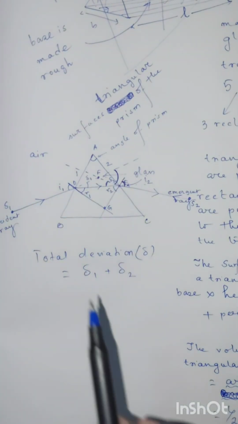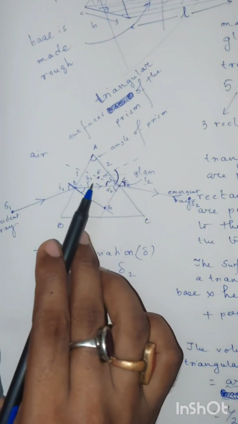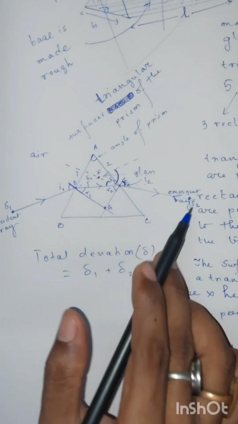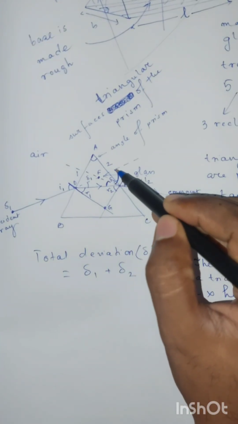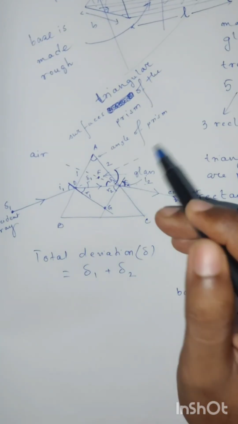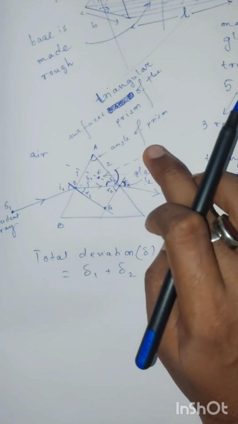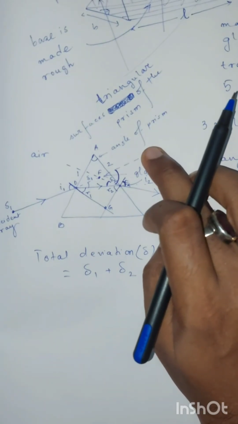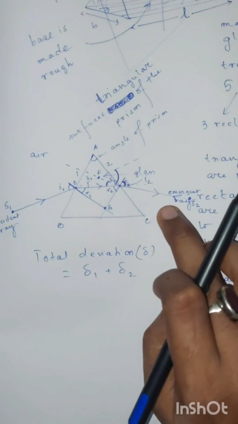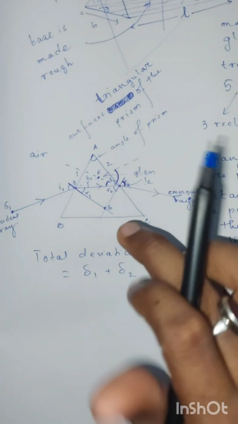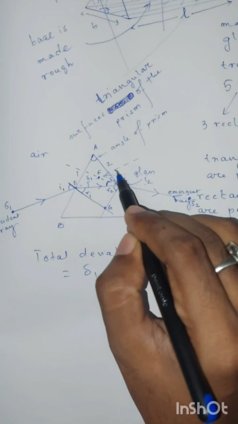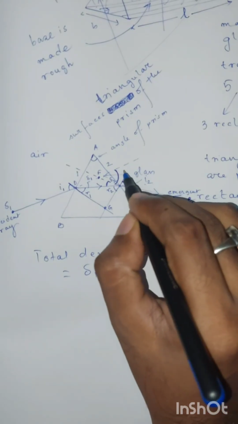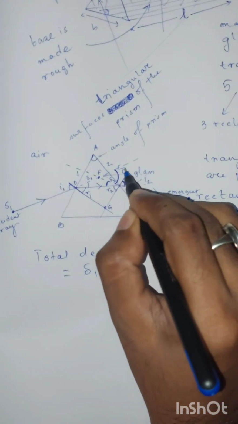But when we put this prism, the ray is going like this. So the angle between the path that the ray should be following and the path it is actually following is called the angle of deviation. So this is our angle of deviation, delta.